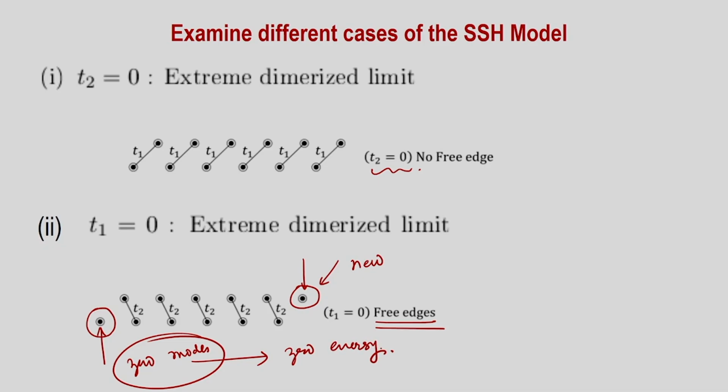They correspond to 0 energy because if you take them away or put them back, it does not make any difference. In a finite size chain, whether the edge atoms are there or not, it hardly makes a difference to the energy of the system, which means that they have 0 energy.